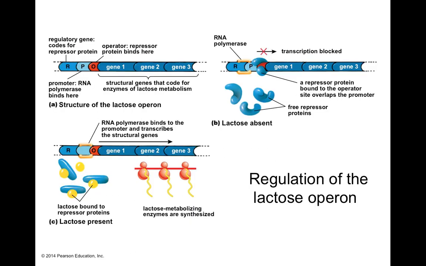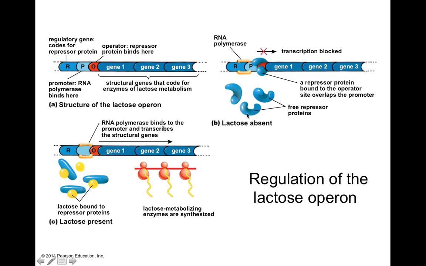And so what does that look like? Here's our repressor, here's our promoter, and here's our operator. So when RNA polymerase is bound to the promoter region, but we have a repressor protein bound, right? So we have no lactose, so lactose is not here to pull this repressor protein away. The RNA polymerase can bind, but it can't move, so we can't get transcription of genes 1, 2, and 3.